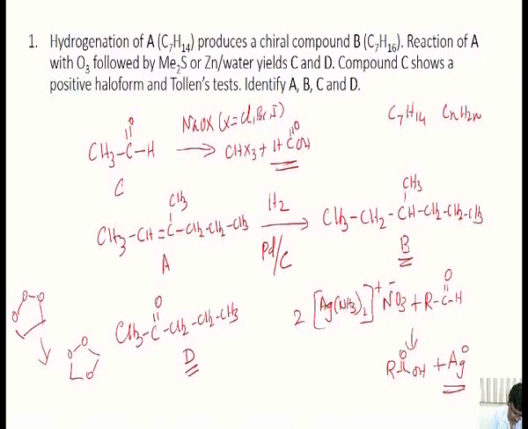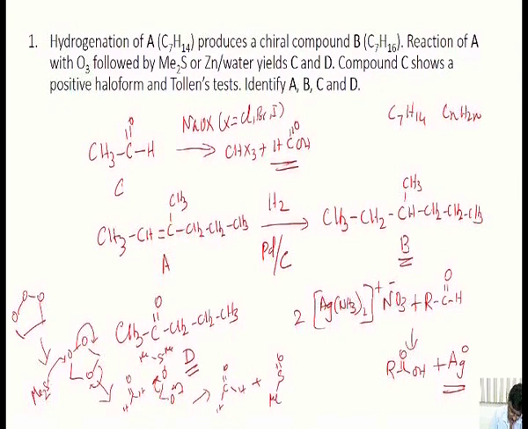So this ozonide, when you react with dimethyl sulfide, for example, you will be able to form the carbonyl compound, and this can convert into carbonyl compound and dimethyl sulfoxide.